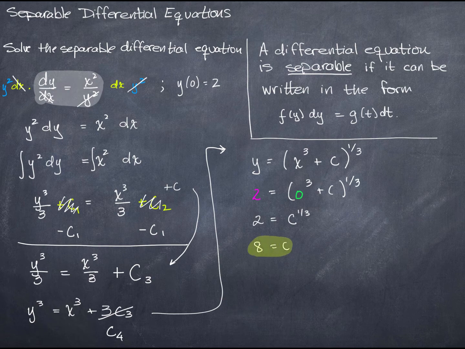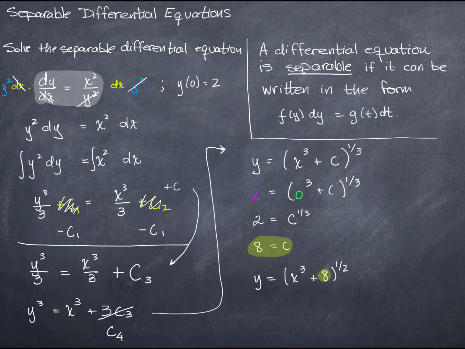A lot of students will write c equals 8 as their answer to the particular solution for these conditions. But it's not. It's just the value of c. The particular solution is the general solution rewritten, but with the now known value of c in place. That's an important distinction. That is just the value of c, not the particular solution.